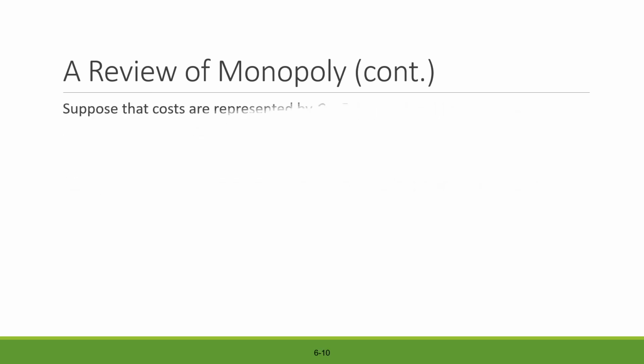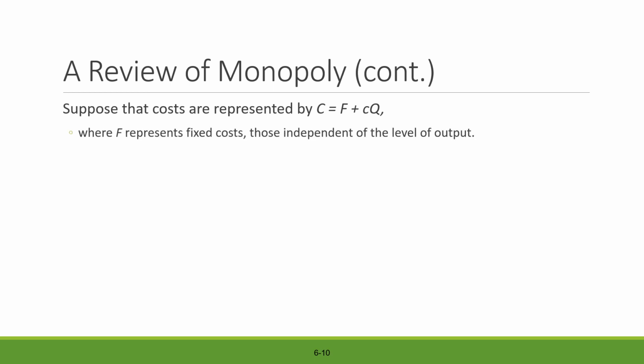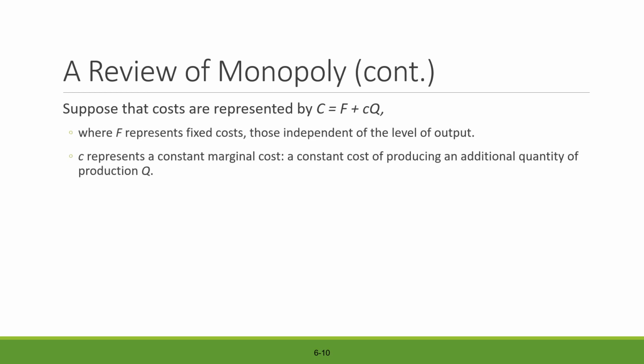The total cost is represented by fixed cost plus variable cost, TC = F + CQ, whereas CQ is the variable cost. F represents fixed costs that are independent of the level of output, and variable cost is dependent on the output. The more output, the higher the cost.